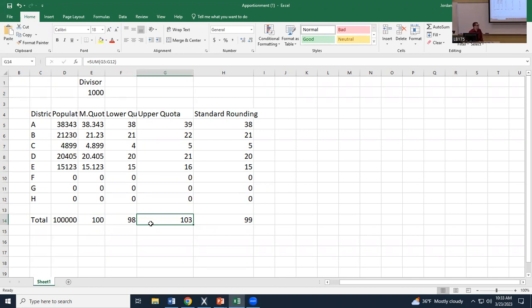So the advantage of Webster's method is that the divisor tends to stay closer to the standard divisor. Does that make sense? So usually between Jefferson's and Adams' and Webster's method, the tendency is that Webster's method stays closer to the standard divisor.